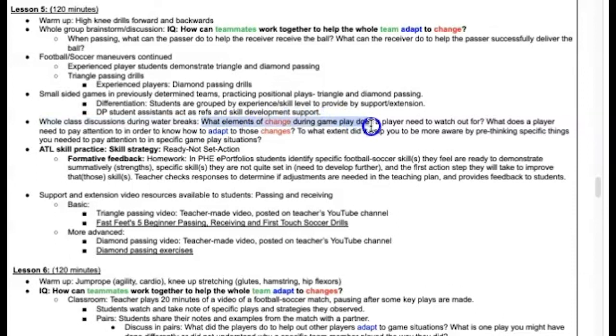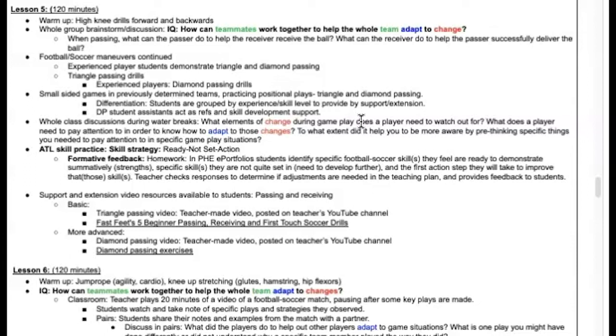So what elements of change during gameplay does a player need to watch out for? So that's going to be very specific to the skills and content of the unit. Another one, what does a player need to pay attention to in order to know how to adapt to those changes? So in this case, these more content specific questions still have the concepts within them.